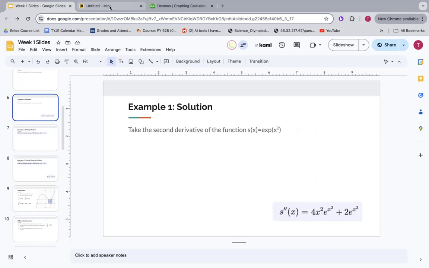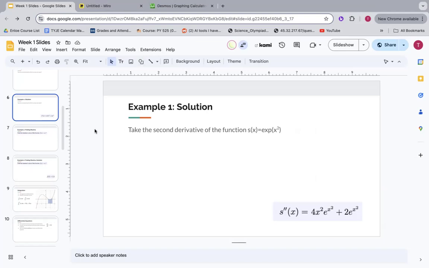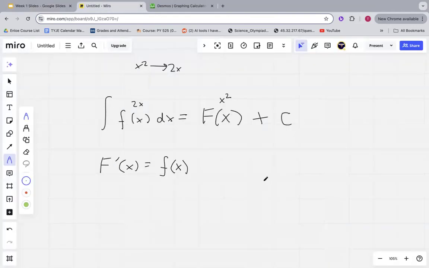That can be true of derivatives sometimes, but mostly with integrals, you can have really nasty expressions, and sometimes you can't write an antiderivative or an indefinite integral in terms of the functions you know, like sines, cosines, exponentials. Let's take a function as simple as e to the x squared.